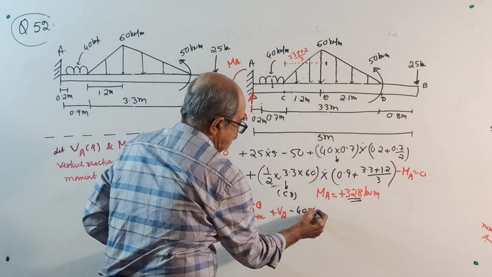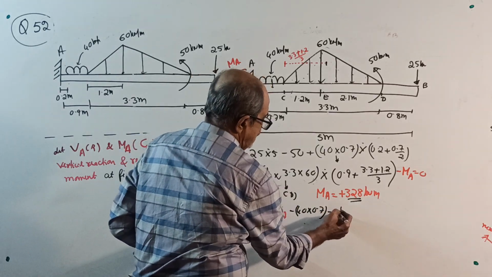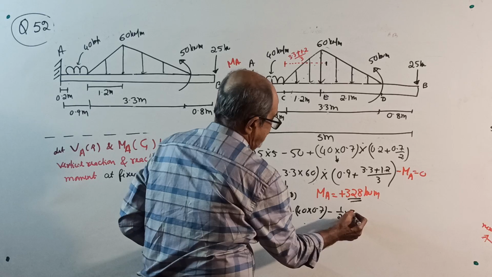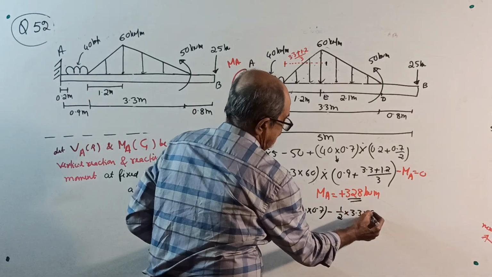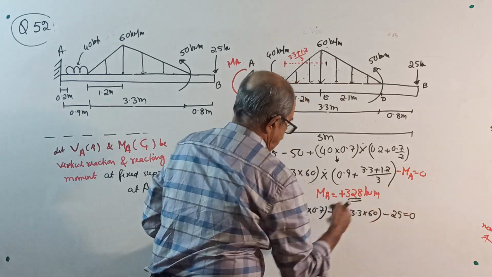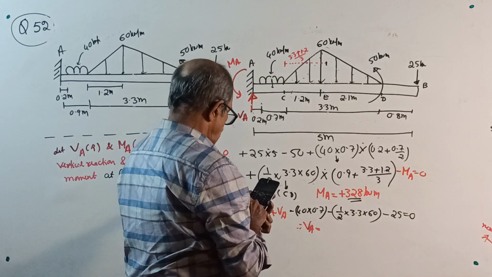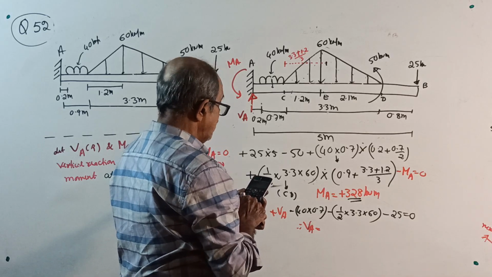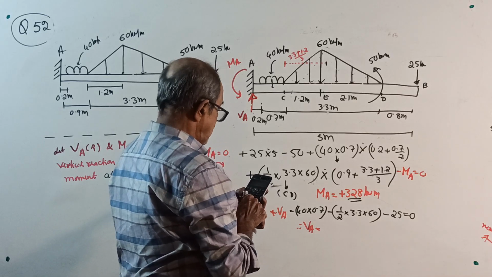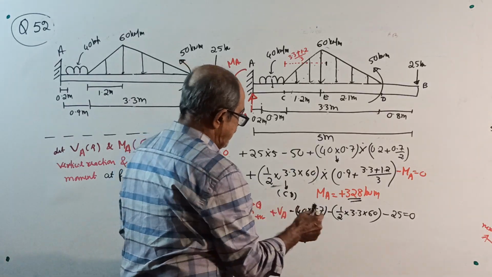If I explain this one, people should stop seeing my class. They should tell you are wasting time. Minus half into 3.3 into 60 minus 25 equal to 0. Your VA will be 40 into 0.7 plus half into 3.3 into 60 plus 25, which is 152 kilonewton.